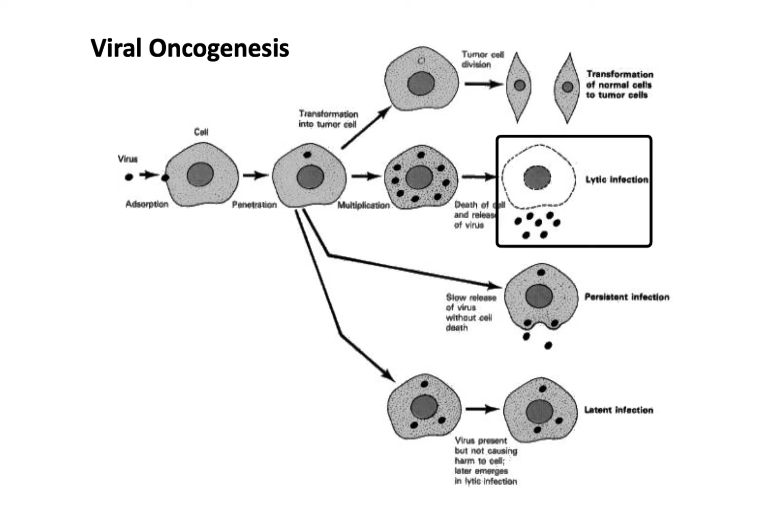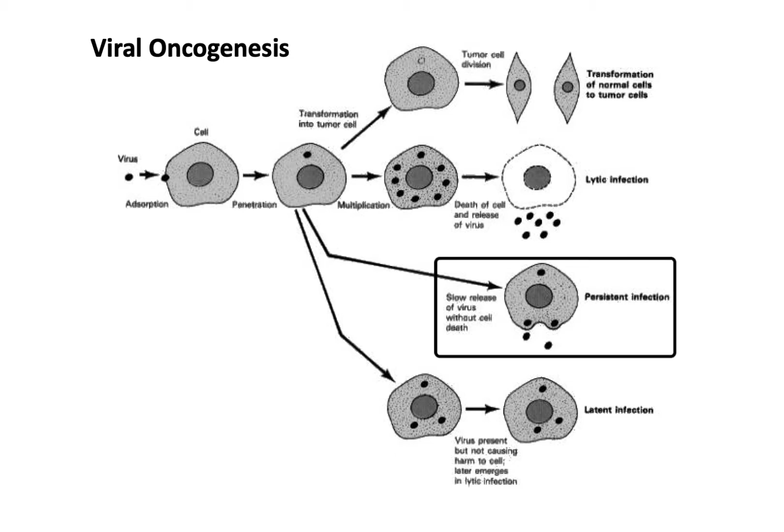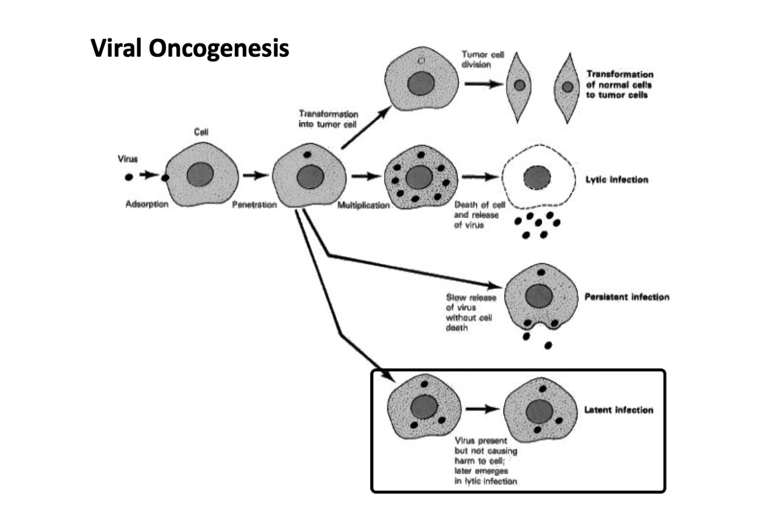Of course, you can also have viruses that are just lytic, some that cause a permanent infection, and then some like chickenpox, like herpes zoster, that can cause latent infections. That is, they can stay in the cell for some time and cause continuous infections at a later time.